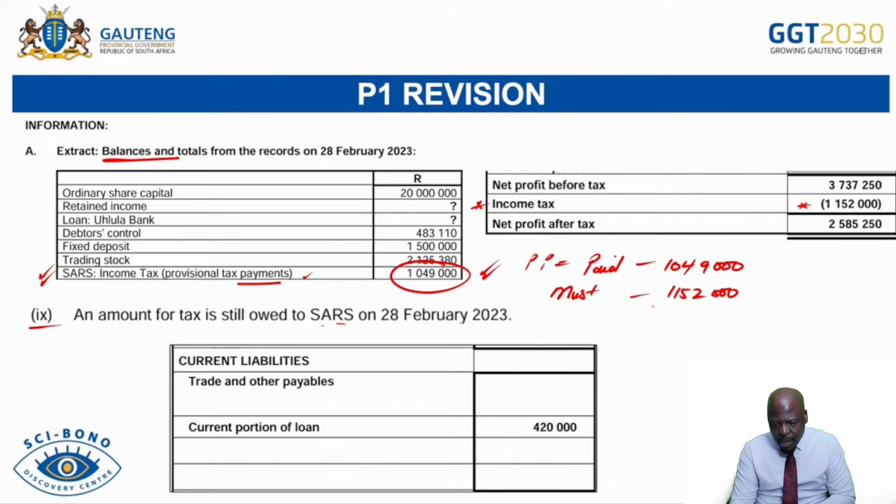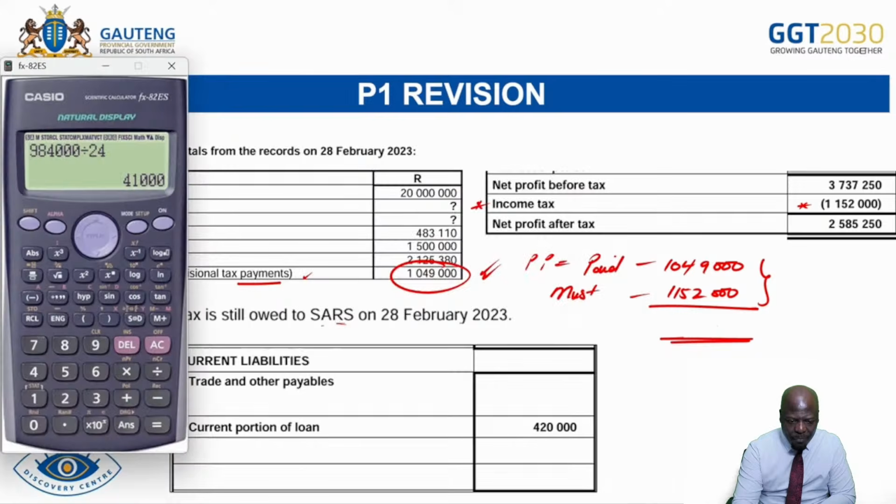So we must still pay the difference between these two figures: 1,152,000 minus 1,049,000.